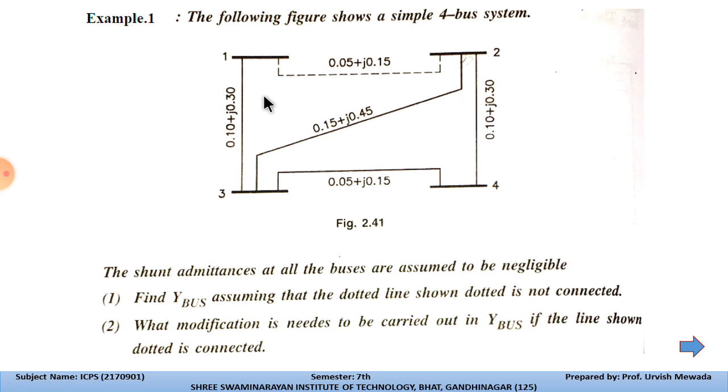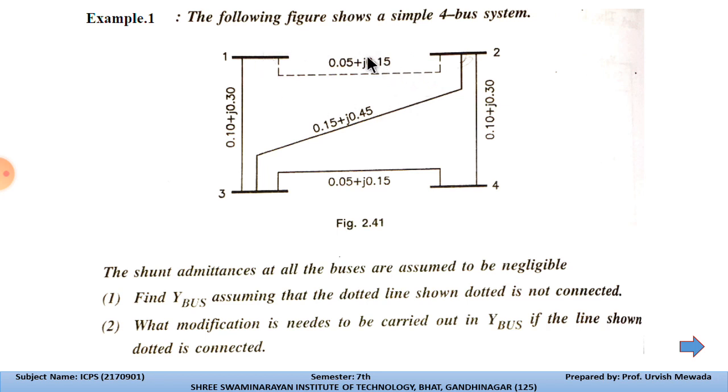In this we have one network given having four buses, and you can see the dark lines are the links between the buses, and this dotted line indicates that this link is not connected in case number 1, and after that this link will be connected. If we connect this link, then we need to discuss the modified circuit and modified solution.